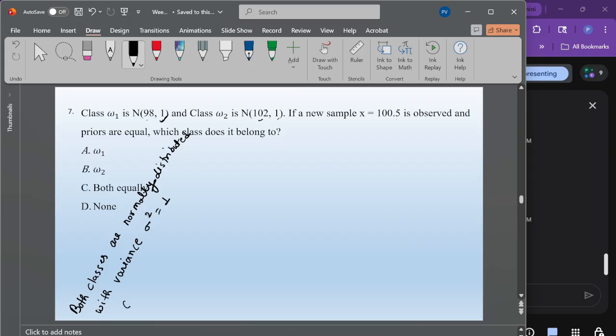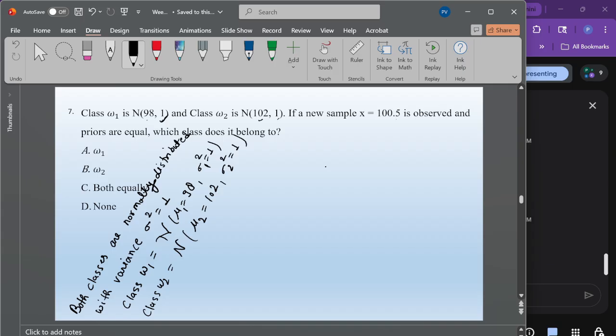So for class omega 1, mu 1 is 98 and the variance is 1. And for class omega 2, it is also normally distributed, mu 2 is 102 and sigma is 1, right?